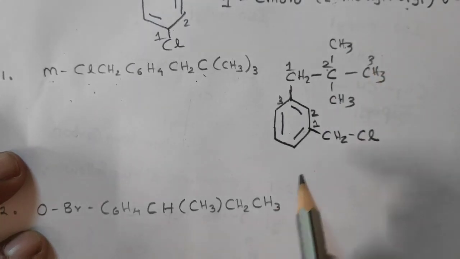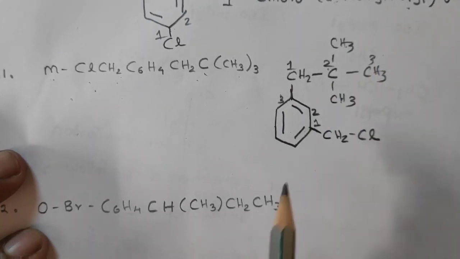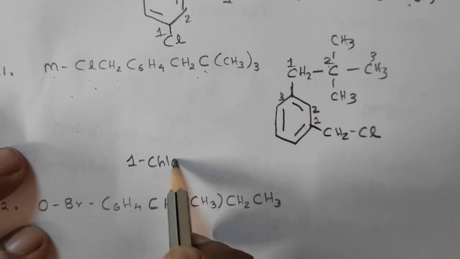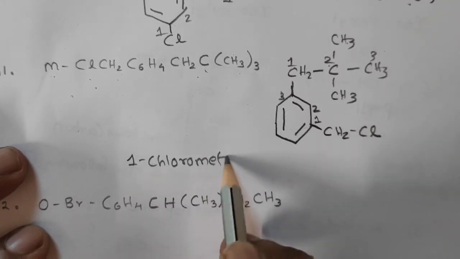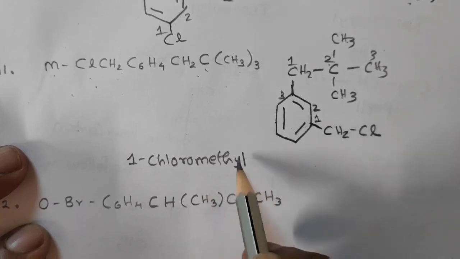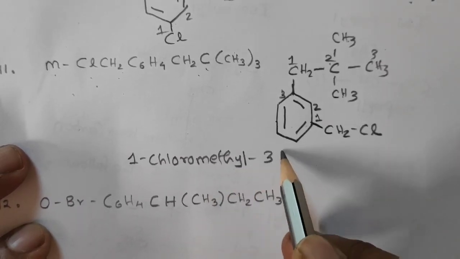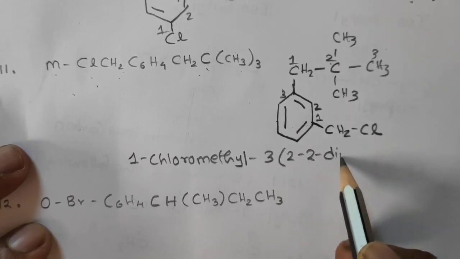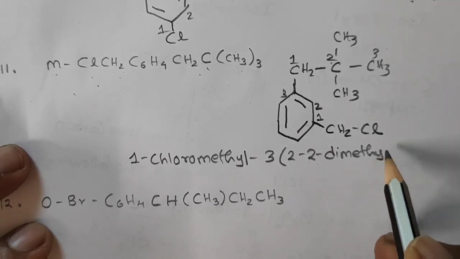So first I will start writing here: 1-chloromethyl, 3 in bracket 2,2-dimethyl. Clear?